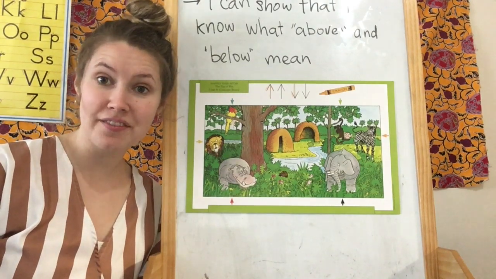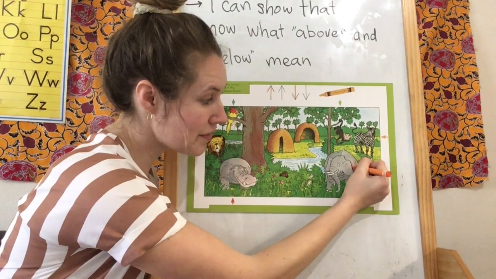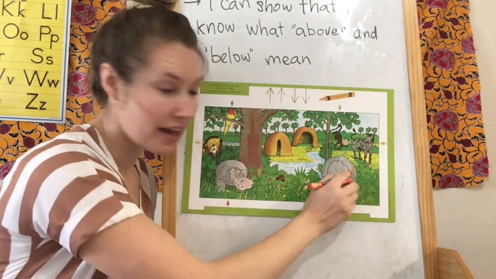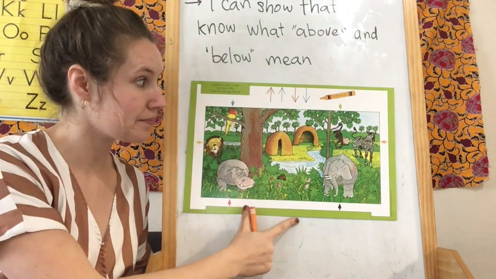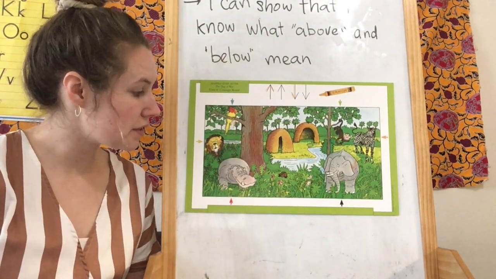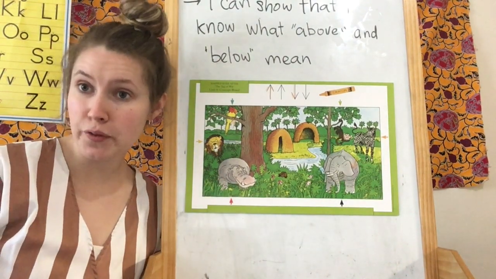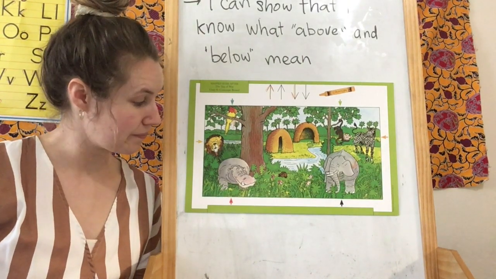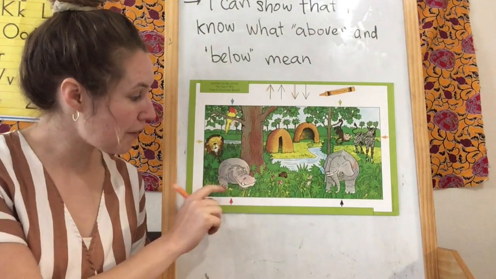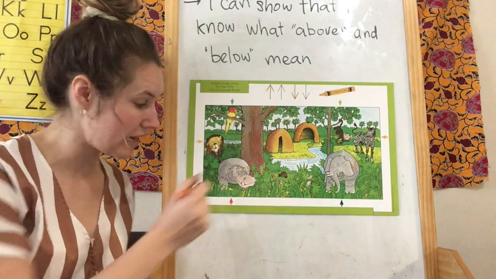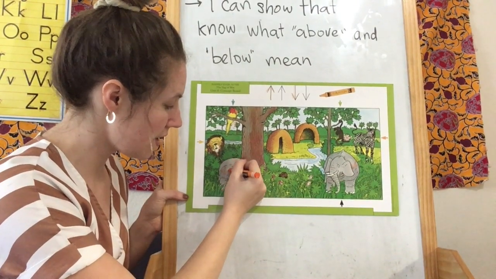We could say that the elephant is below the monkey. Because I'm saying below, I'm drawing a down arrow by the elephant because he is below the monkey. What about one more? The hippo. We could say that the hippo is below the parrot. So I'm going to draw a down arrow by my hippo.